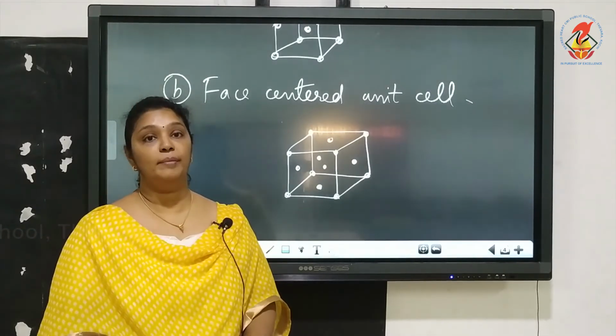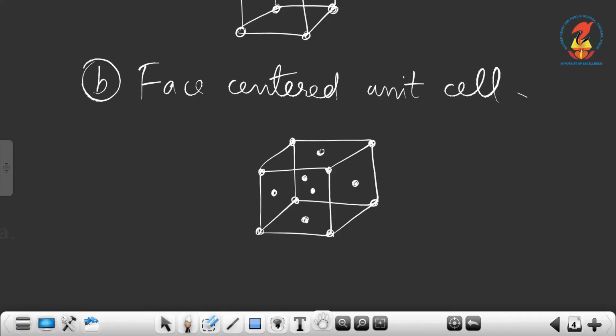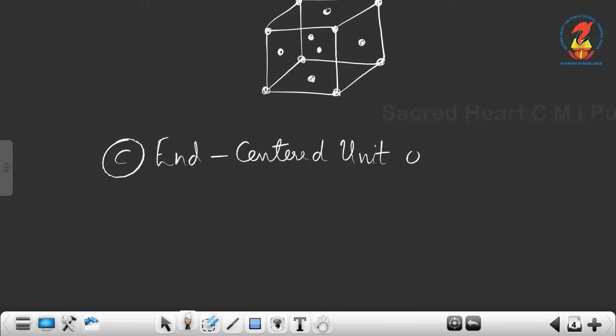Now the third type of centered unit cell is end-centered unit cell. Now in end-centered unit cell, the constituent particles are present at the corners plus at the 2 opposite faces.